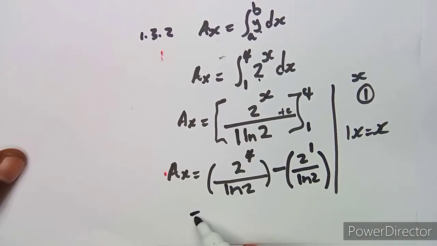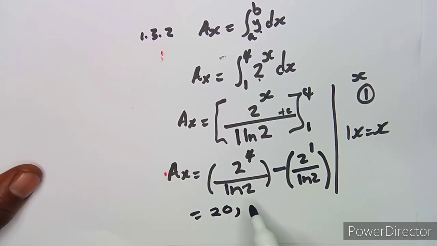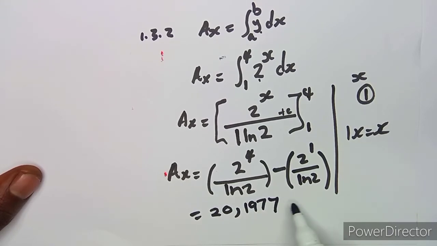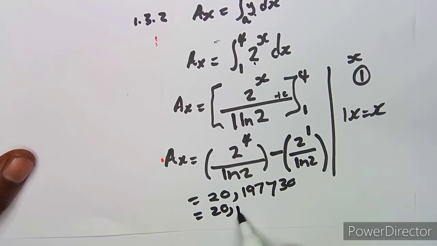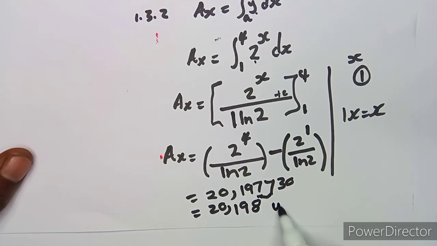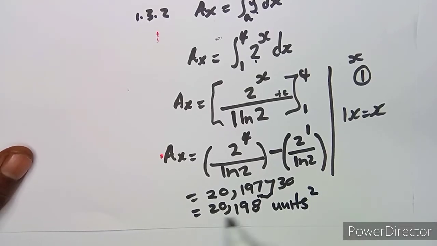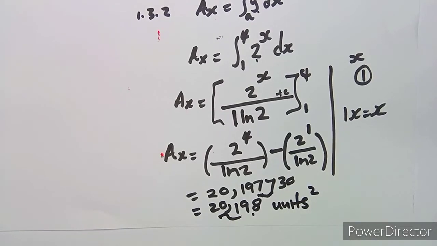So all you need is to use your calculator to simplify, guys, which is going to give you something like 20.1977305, something like that, which is 20.198 to 3 decimal places, and this is area, which is measured in square units. So area, that's square units.